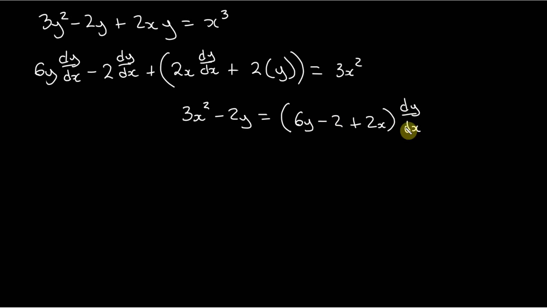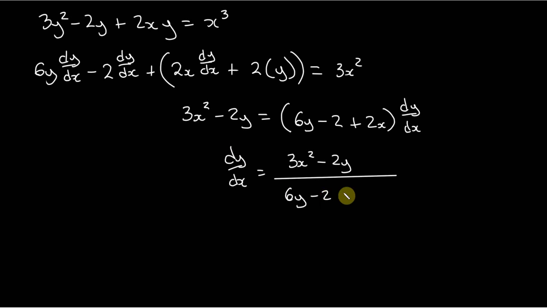And now we divide both sides by everything in the brackets, because the goal, of course, is to make dy by dx the subject, and thus we get dy by dx equals 3x squared minus 2y, all of that over 6y minus 2 plus 2x.